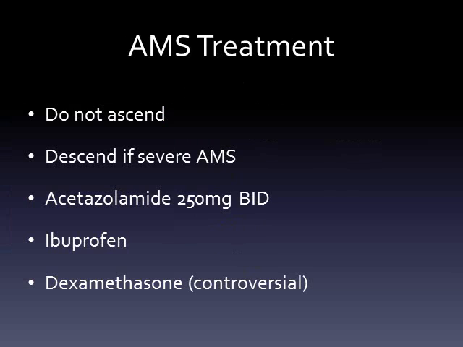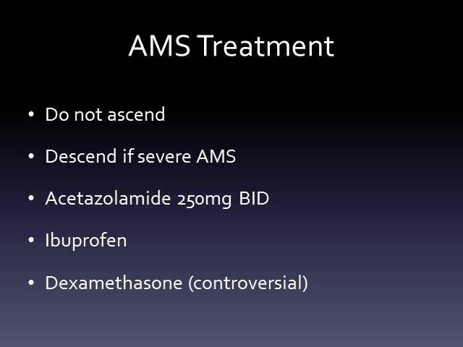AMS treatment. Number 1 rule is to not ascend any further. If you have severe AMS, you should probably descend, as you are at a much higher risk of developing HACE, which is high altitude cerebral edema, a very dangerous complication of high altitude travel. The treatment dose of acetazolamide is 250 milligrams twice a day.